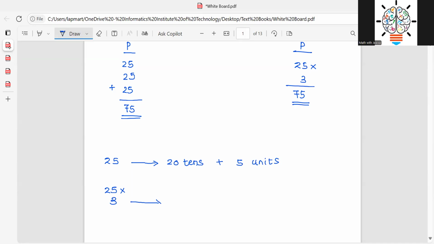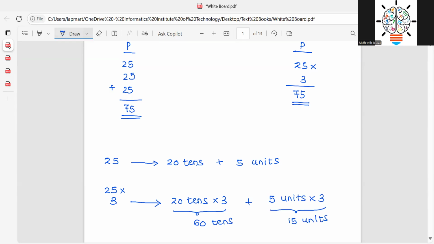What will happen? 2 tens, when I multiply by 3, it gives me what? 6 tens. And then 5 units, when I multiply by 3, what is it? It is 15 units. Do we tell it like that? 15 units? Is it? So then what can we do?